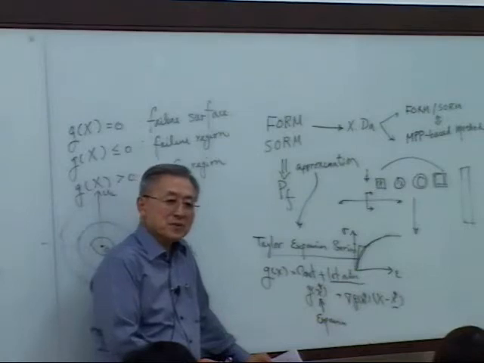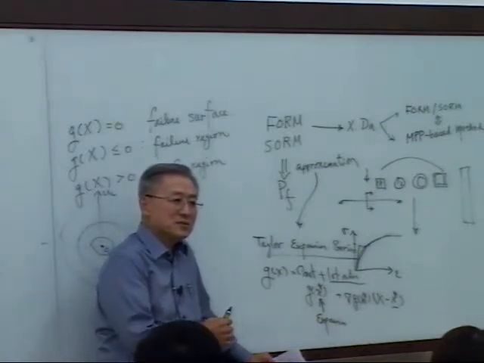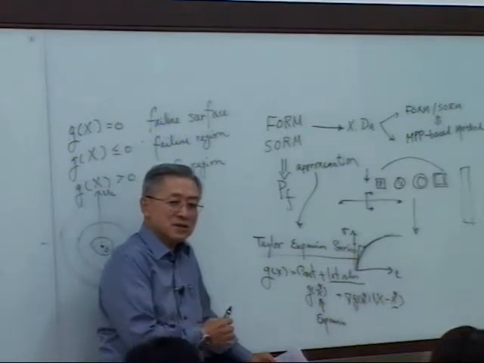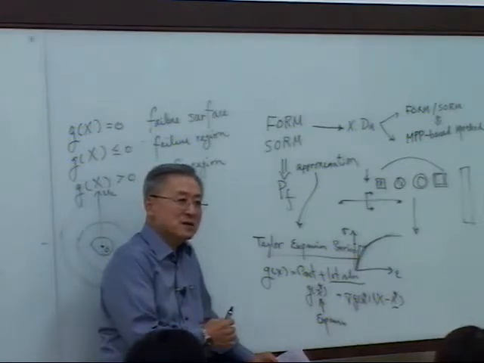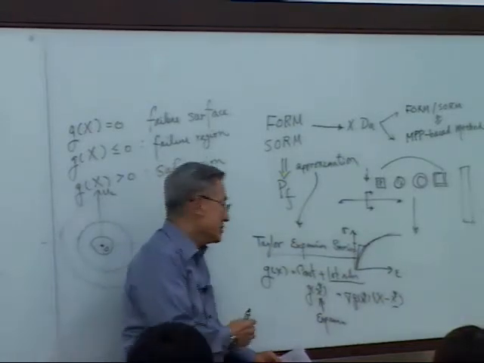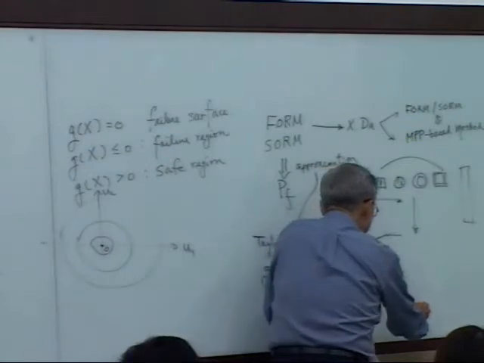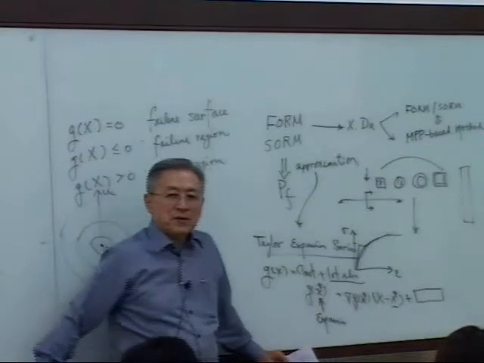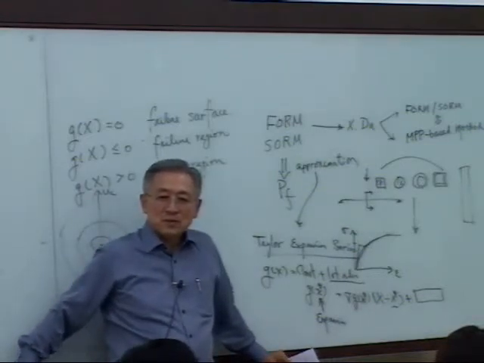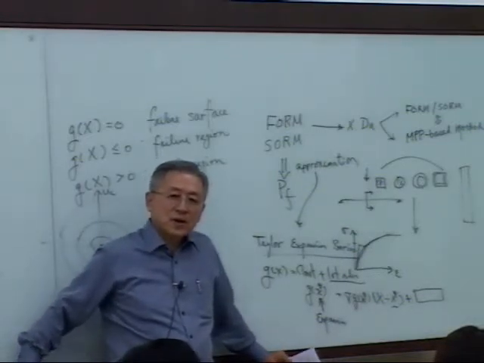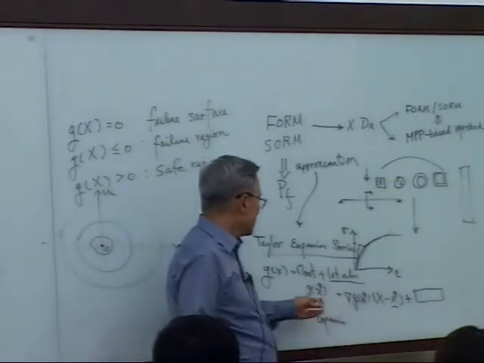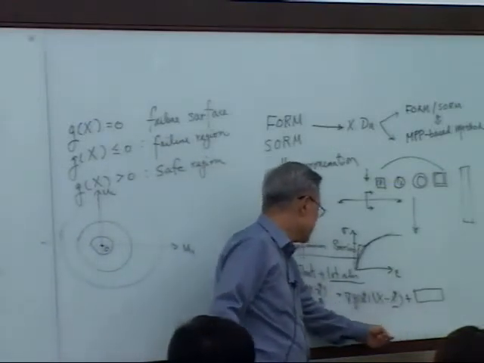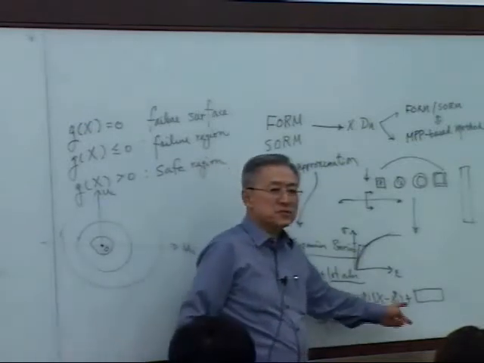And for the second order reliability method, what do you use? Using Taylor series, you add one more term, second order term, for better approximation. But for a lot of classes of problems, two terms are enough.